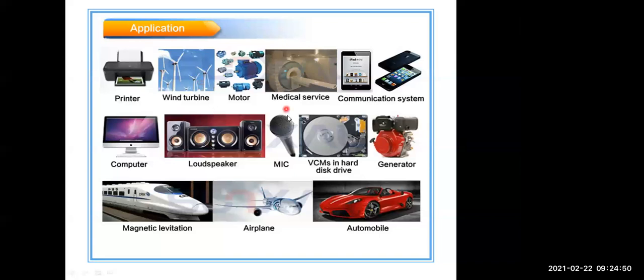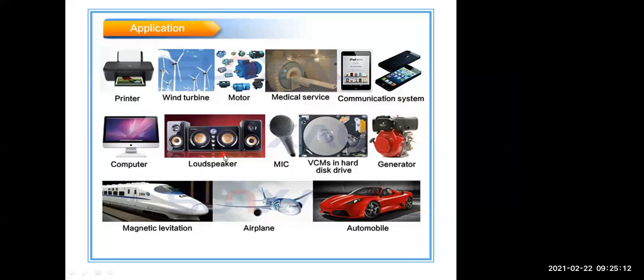Okay, there are other examples where the property of electromagnetism is used, like the printers, the wind turbine, motors, medical services, like this MRI scan machine. Then there are communication systems like the tablets or the mobile phones. Again, they use magnets.